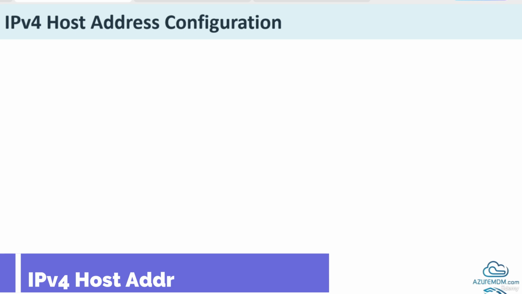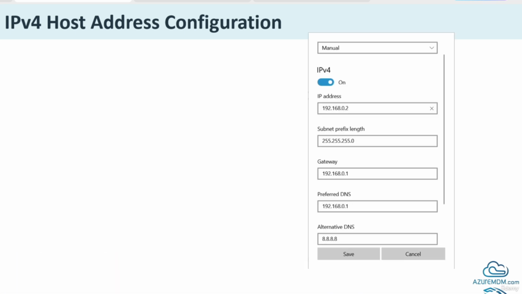Now, we will come to the new topic, which is IPv4 host address configuration. This diagram shows a manual IPv4 network setup for a device. IP address, the device is assigned 192.168.0.2, like a unique house number on the network. Subnet mask, that is 255.255.255.0, which defines the local network size, here 254 devices.